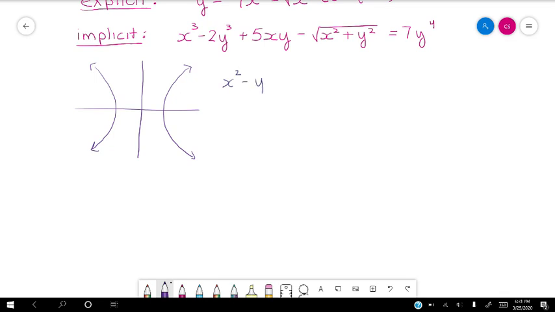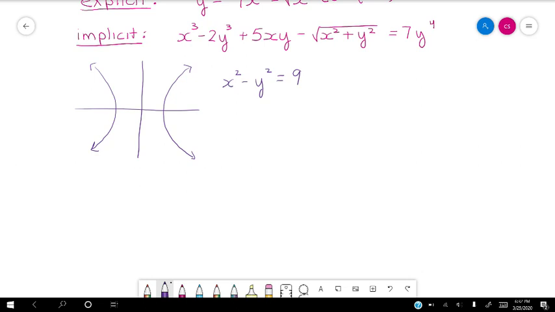Hyperbolas and other conic graphs are implicitly defined. x squared minus y squared is equal to 9. There's no one equation that we could solve for y. At best, we would need two equations, right?